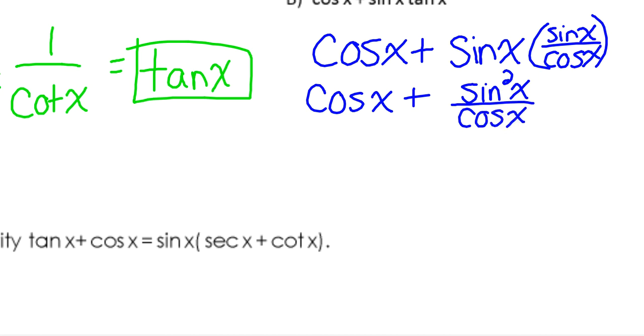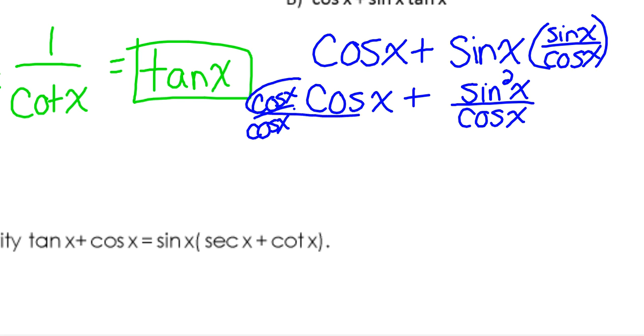So I've simplified a little bit there, but we need to continue. So I've got 2 things being added, so I'd like to be able to add them together. I am going to get that common denominator by multiplying this left one by cosine of x over cosine of x. So not changing its value, I'm just multiplying by 1, but giving it that common denominator.